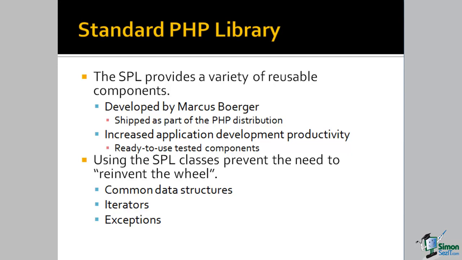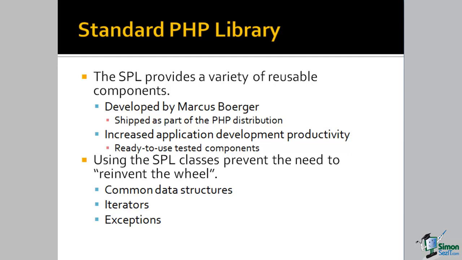And the great advantage of the standard PHP library, or SPL, is that it can greatly increase our productivity as developers by providing these ready-to-use, robust, and tested components that we can drop right into our applications that do useful things for us, like providing common data structures that we can use in our application to store and manipulate data, rather than having to reinvent the wheel, so to speak, in creating these common data structures.